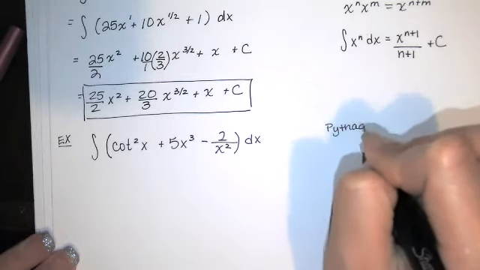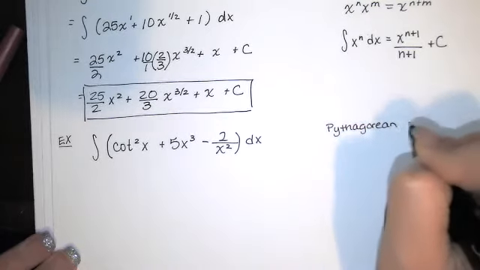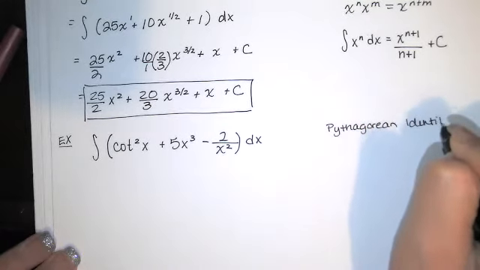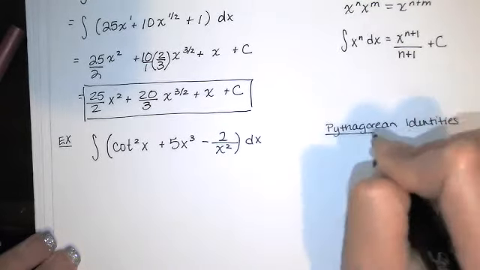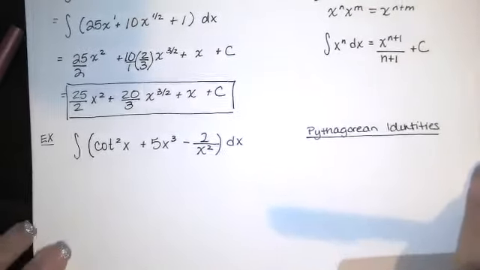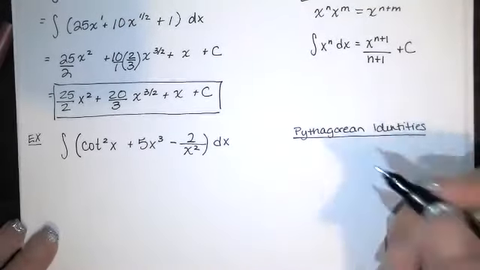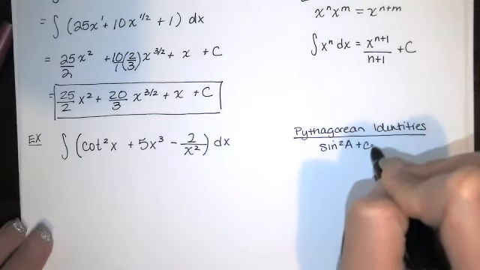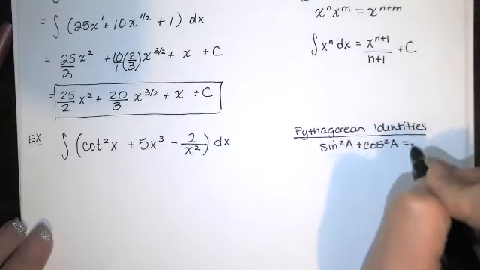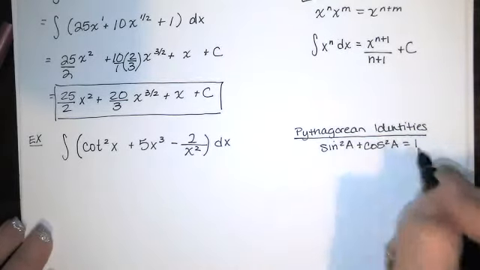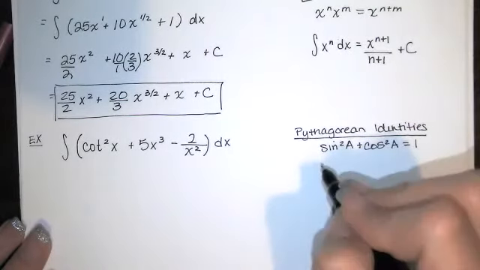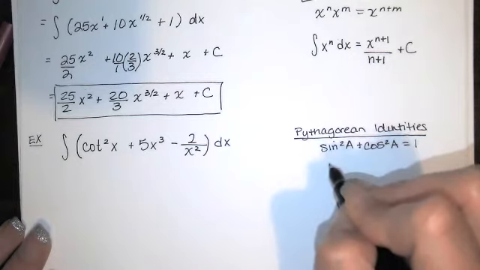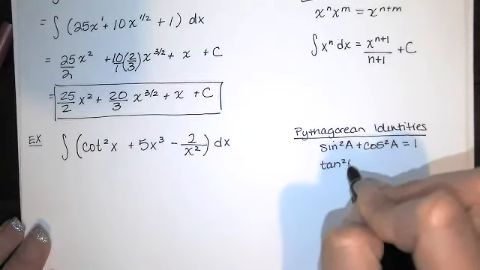So here are some facts to recall. You don't have to remember a lot of these, but you should know the 3 Pythagorean identities. They're so important. Sine squared of an angle plus cosine squared of the same angle is 1. If I take this and I divide it by cosine squared, sine squared over cosine squared is tangent squared.